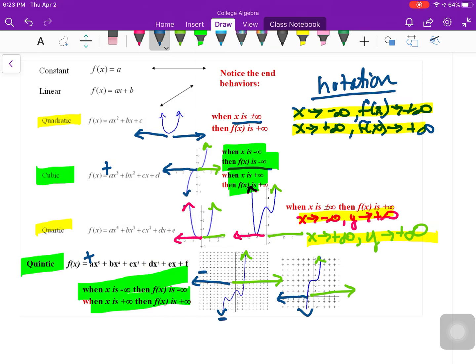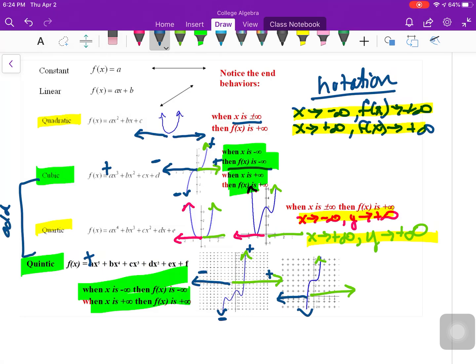When x goes negative, y goes negative. Negative, negative makes a positive. As x goes positive, y goes positive. Positive, positive also makes a positive. Likewise here, negative, negative makes that positive. Positive, positive makes that positive.